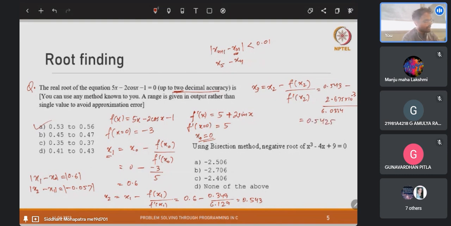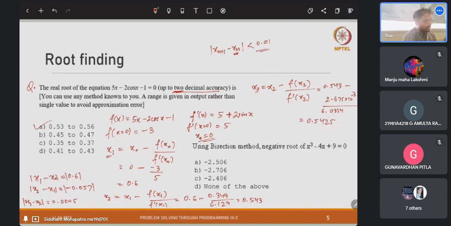So you can see it has already converged, because if you calculate the absolute value of x3 minus x2, you get 0.0005, which is already less than 0.001, which fulfills our condition.